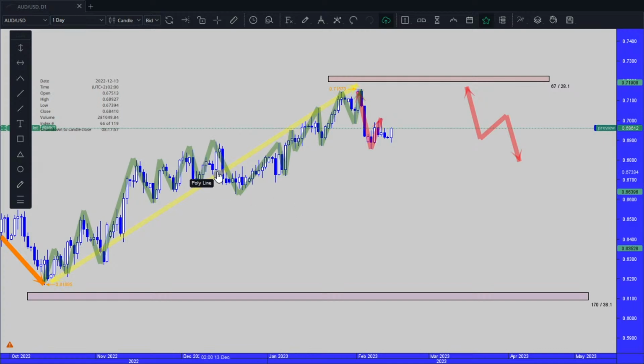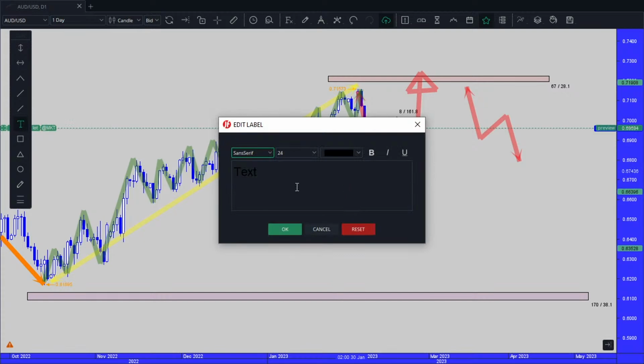Now to the trader of the probabilistic thinking, let's say that I've entered in here, alright? And the market stops me out. Did I do anything wrong? This is so important to understand.